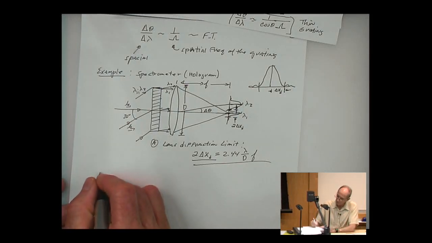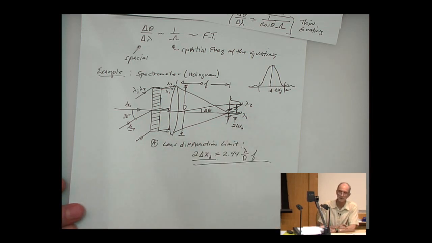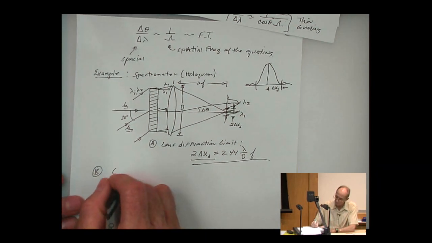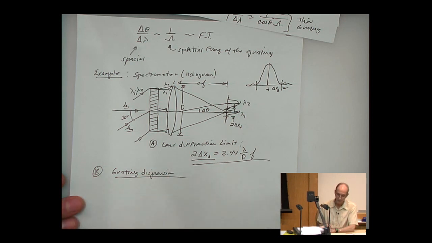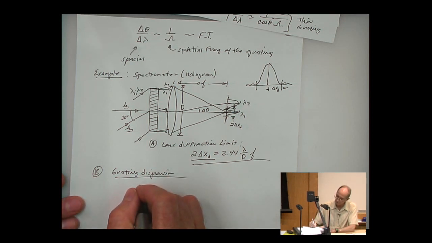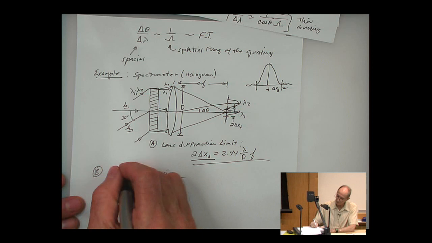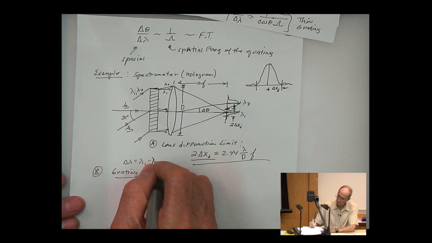Now the grating dispersion is going to determine this delta theta. So the B part is from the grating dispersion. From that we have the dispersion property of the grating, d theta d lambda, which we multiply by delta lambda, and delta lambda equals lambda 1 minus lambda 2 in our case.